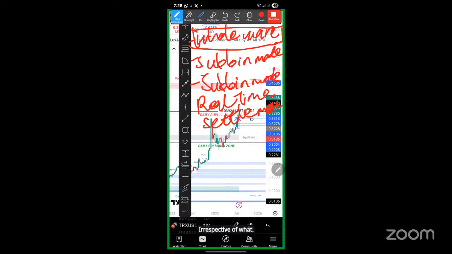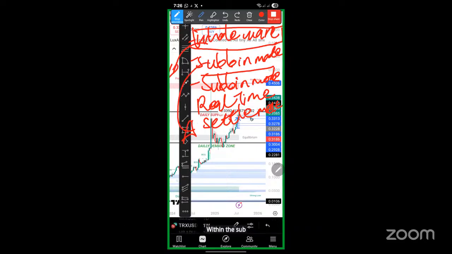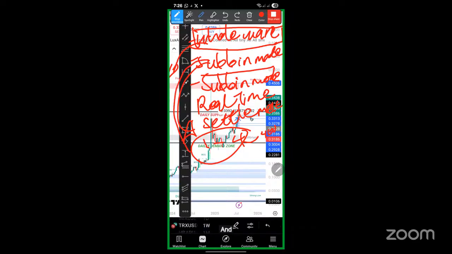When we talk about the sub-bin mode, the coin will buy the margin calls in stages. Within the sub-bin mode, the coin will buy the first to the 4th margin call, and these will be sold at once.